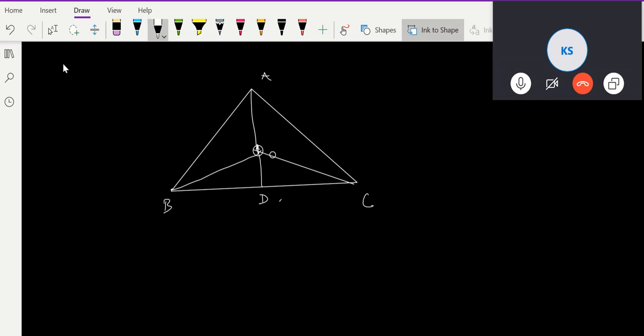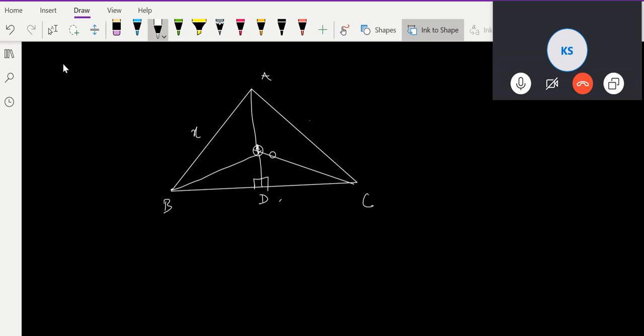It creates two right triangles. AD is perpendicular to BC. Why? Because it's the orthocenter. That is the property of the orthocenter.